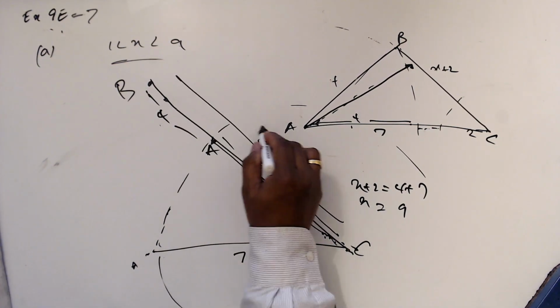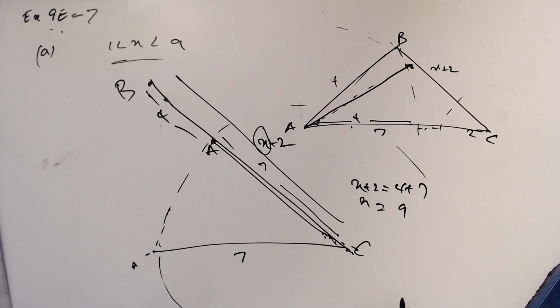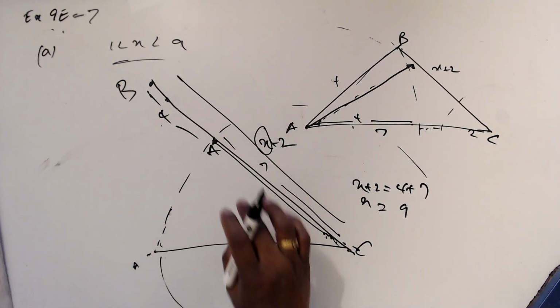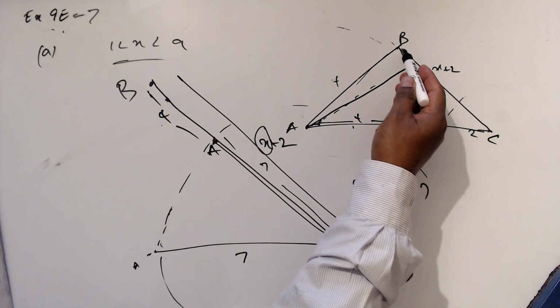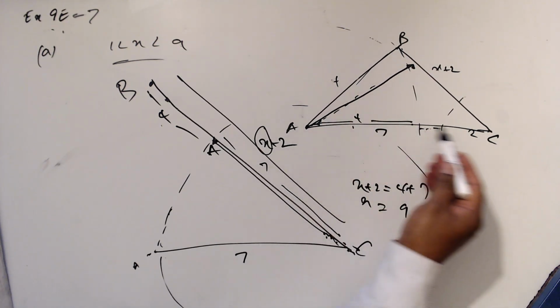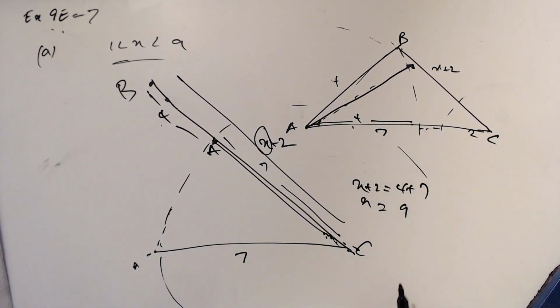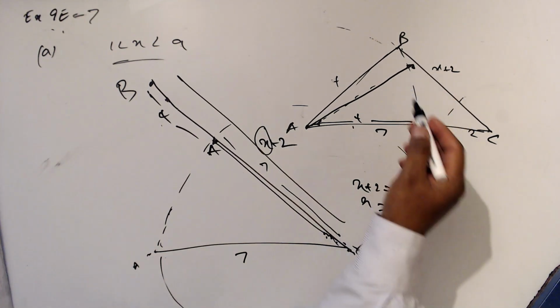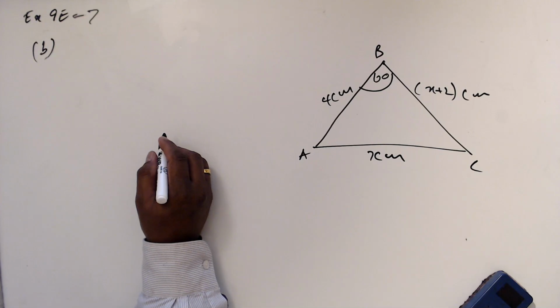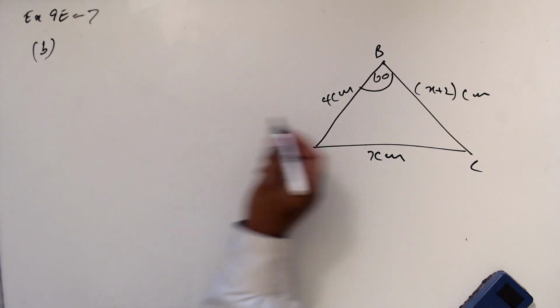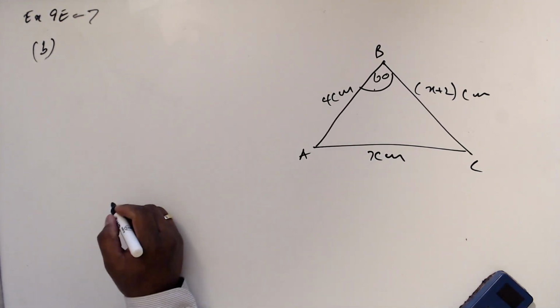I expand CB because x is varying. Now to make a triangle, BA plus AC has to be less than x plus 2. It means x has to be less than 9. Part B is they will give this one. We have to find x.